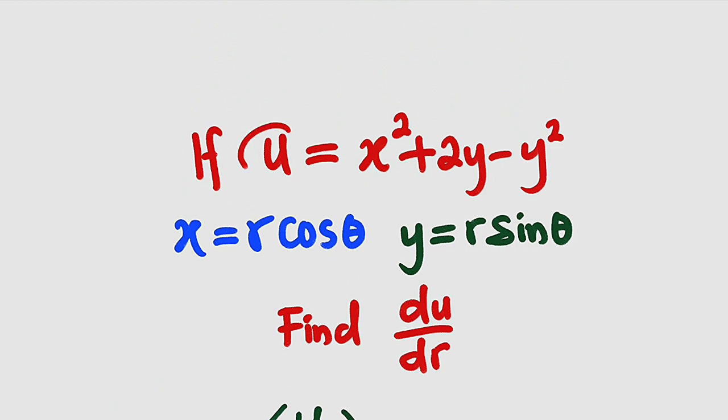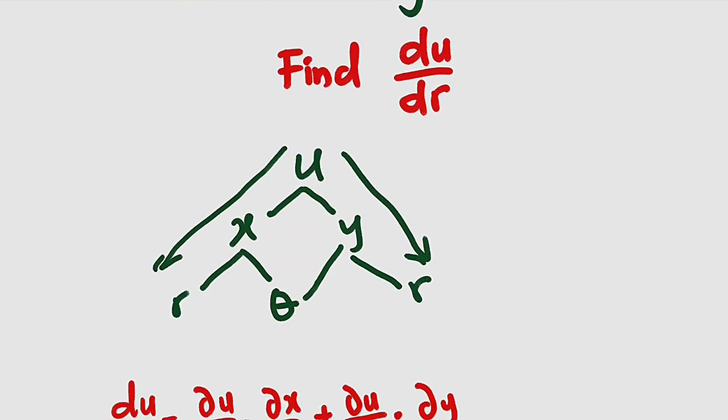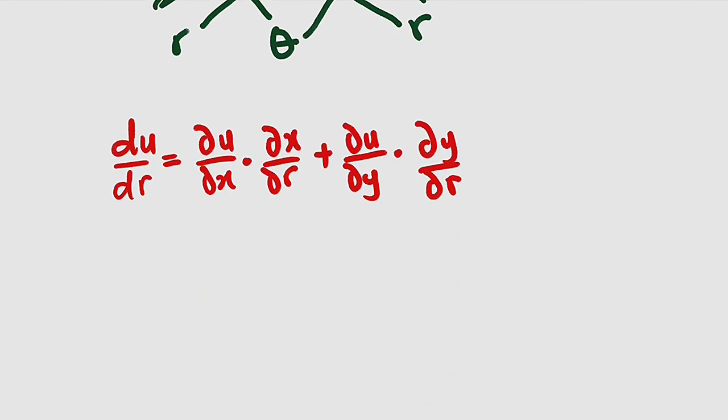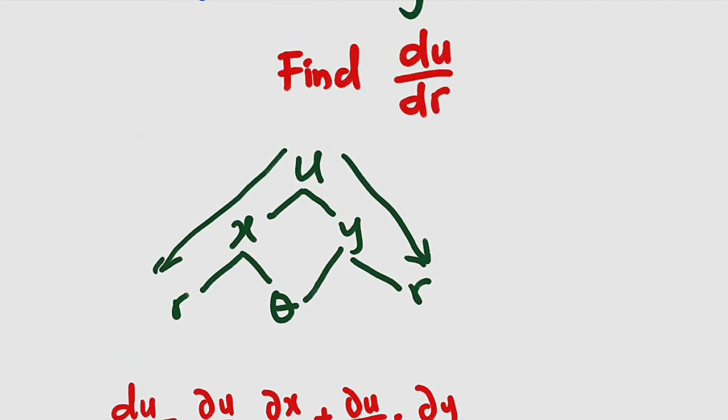What is the partial derivative of u with respect to x? If you differentiate u with respect to x alone, we keep y constant. The derivative will be 2x, because if you differentiate x squared, it will be 2x. This is equal to 2x multiplied by the partial derivative of x with respect to r.